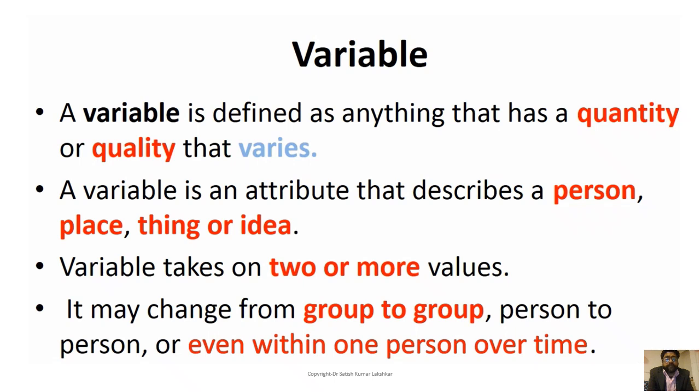There is no single specific value for a variable. If there is a specific value, then that is not a variable, that would be a constant. It may change from group to group, person to person, or even within one person over a period of time, as with personal characteristics like age and weight, which keep on changing over a period of time.